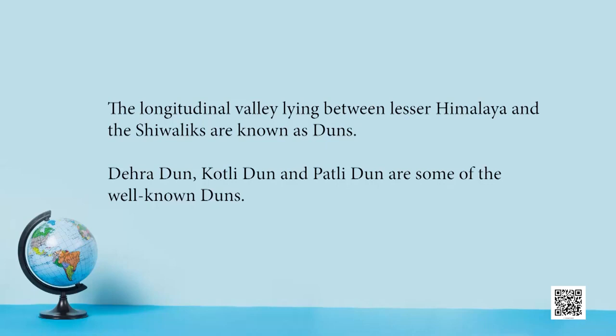So, this range is covered with thick gravel and alluvium. The longitudinal valley, which is between the Lesser Himalayas, children remember Lesser Himalayas are the Himachal, and the Shivaliks are known as Duns. Dehradun, Kotli Dun, Patli Dun, these are some of the well-known duns of this region.